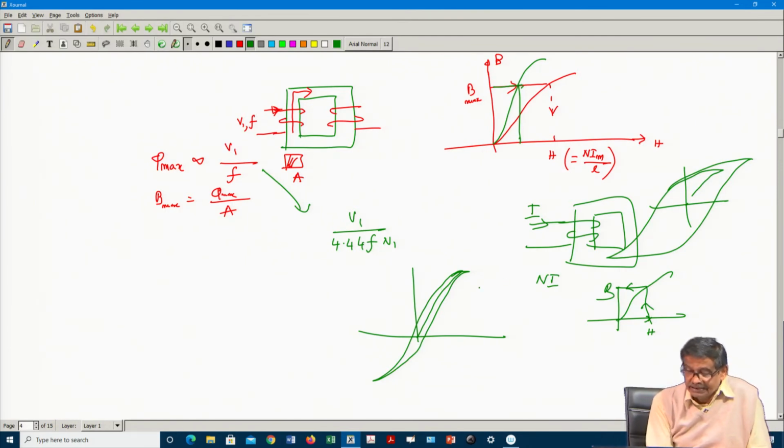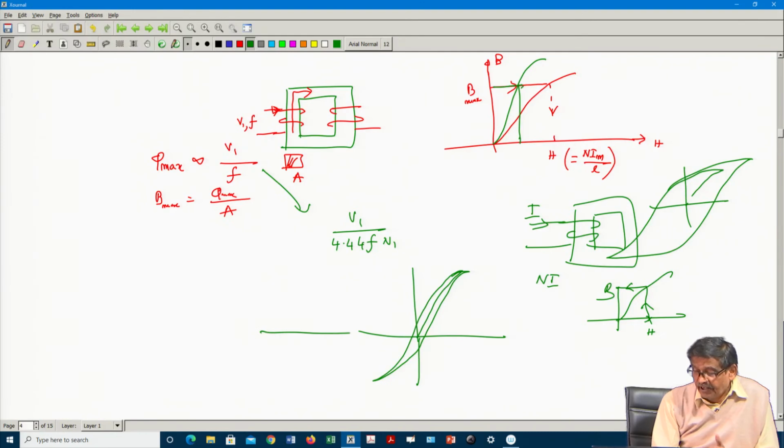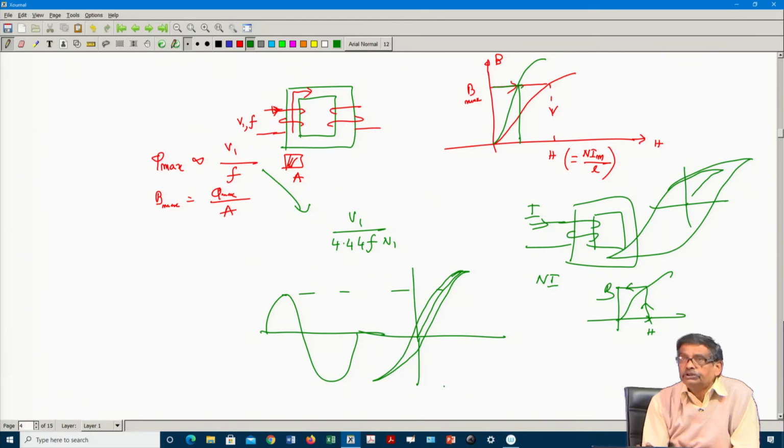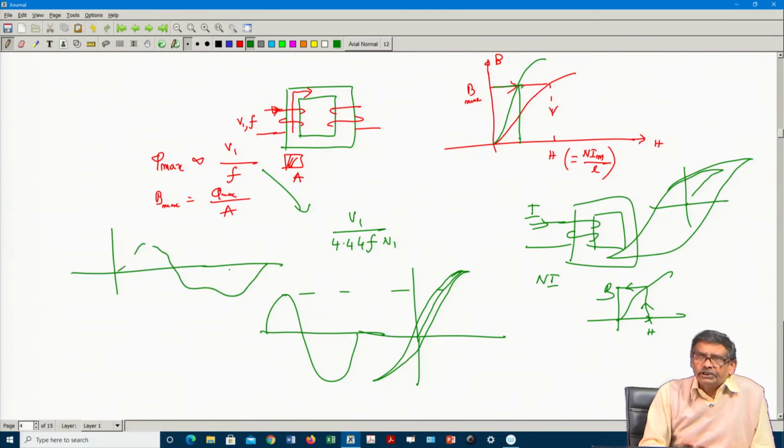If this is the sinusoidal flux, it will be created as I told you, and the current needed, which I can find out, will not be sinusoidal but slightly distorted, though periodic no doubt.